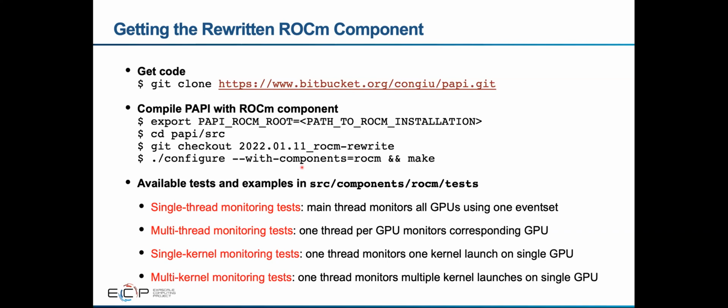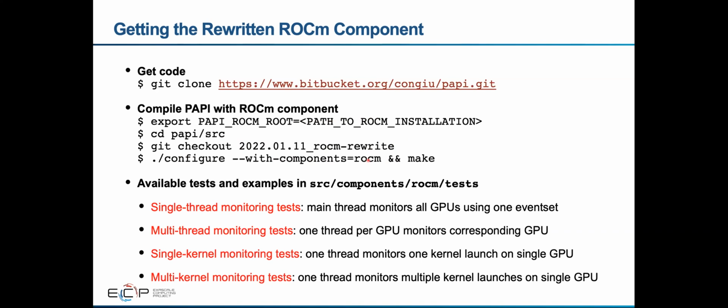Once the fork is cloned, it is possible to configure PAPI with ROCm support by exporting the PAPI_ROCM_ROOT environment variable to the ROCm installation directory. After that, it is possible to check out the branch for the new component, which is called rocm-rewrite, and configure the component and build the library.